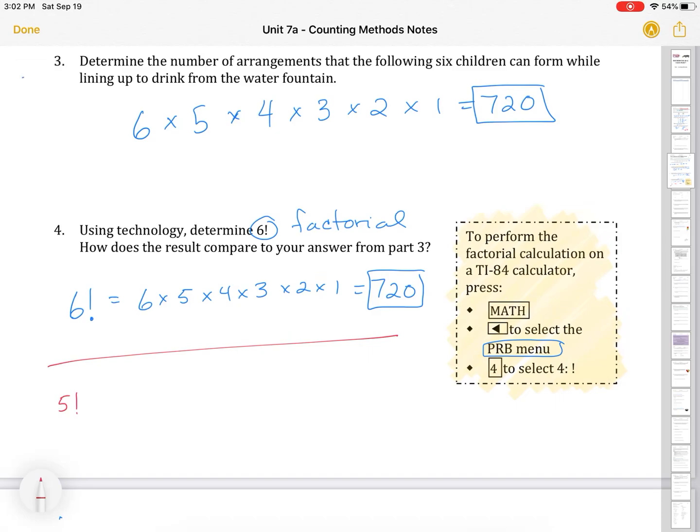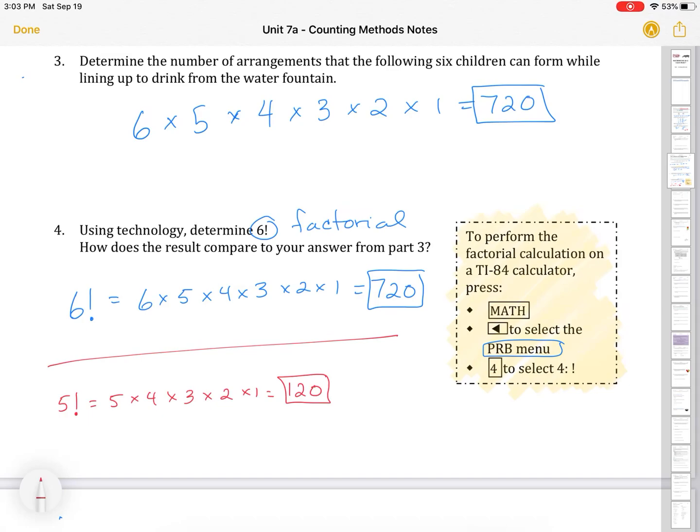Okay? So any factorial, that's how it lays out, right? So 5 factorial would be 5 times 4 times 3 times 2 times 1. And we can figure that out. That would equal, if you try it on your calculator, 120.